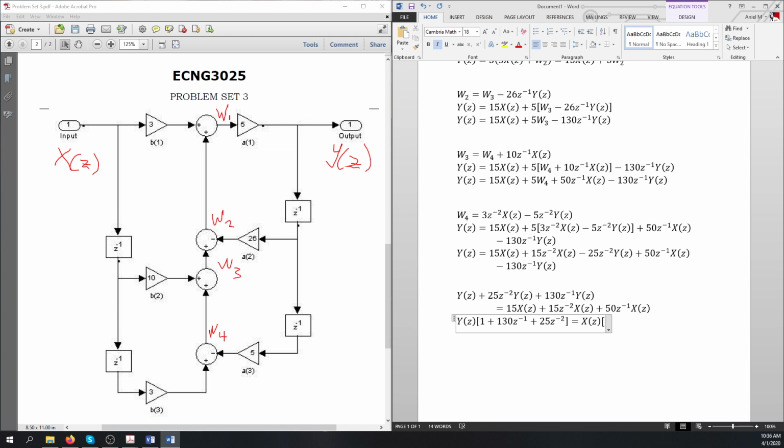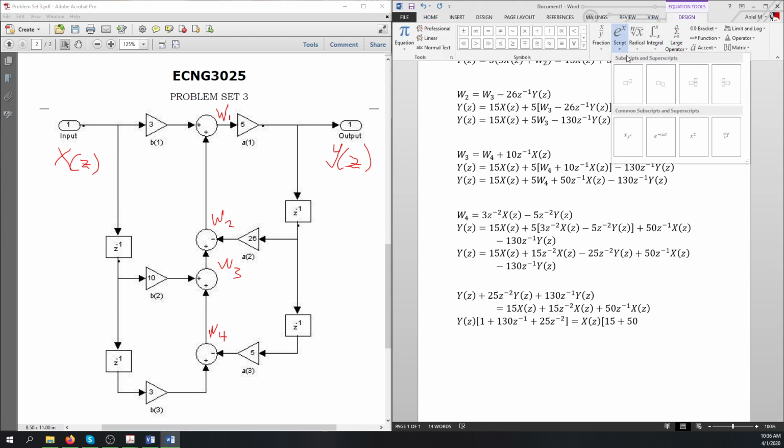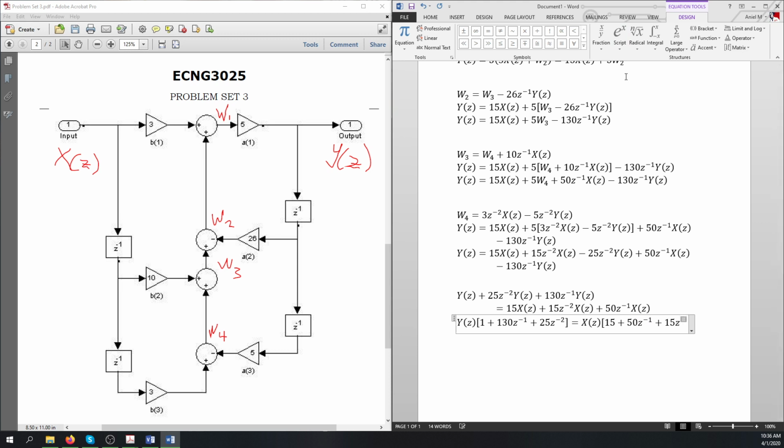So x of z here is going to be 15 plus 50 z to the negative 1 plus 15 z to the minus 2. I thought I made one mistake, but no, I'm fine.